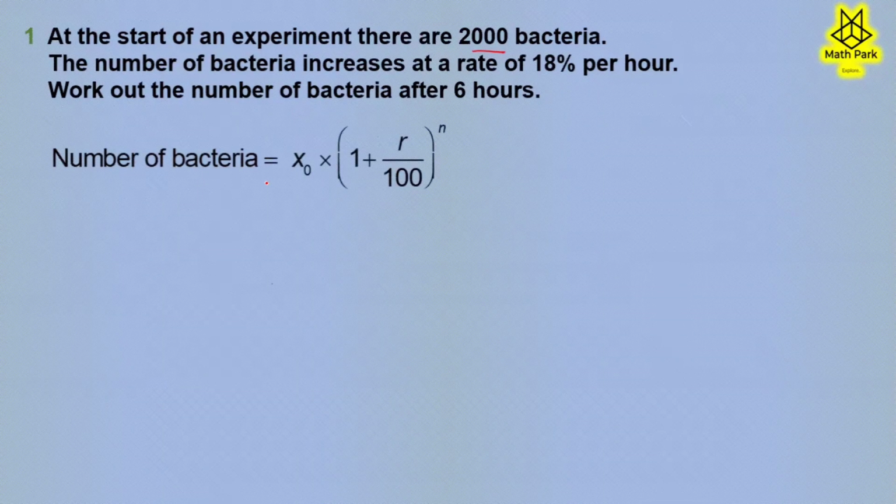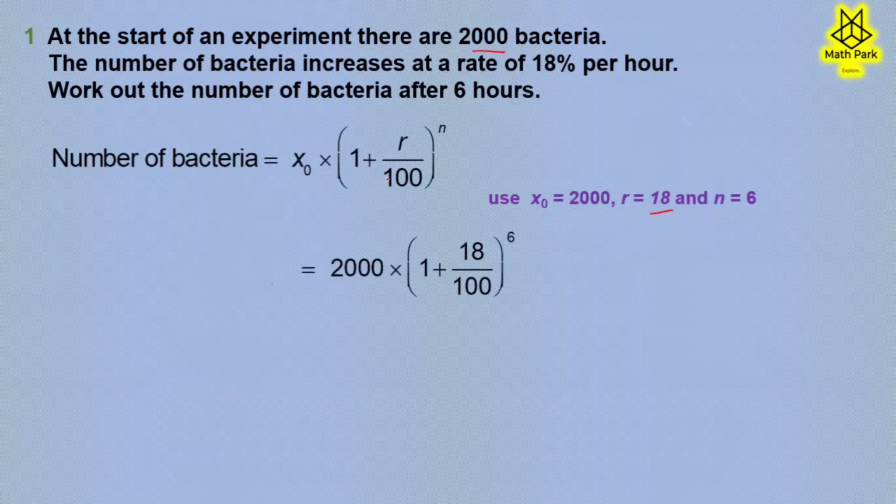The number of bacteria is going to be x0, which is the initial count, times 1 plus r over 100 to the power n. Let us take x0 as 2,000, r as 18, and n is 6. Substitute in the formula: 2,000 times 1 plus 18 over 100 to the power 6. 100 plus 18 is 118 upon 100, which becomes 1.18 to the power 6.